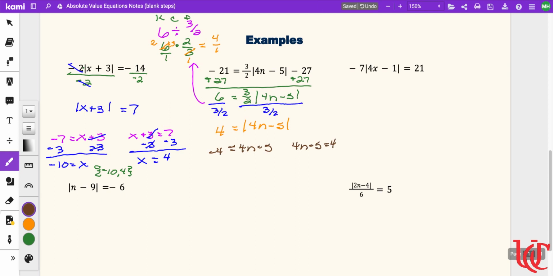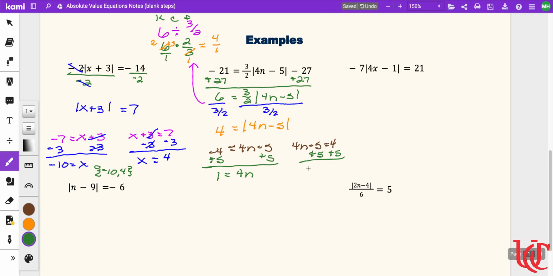Solving each one of these, we will be adding 5 to both sides. I'll do both of them at the same time. So this is negative 4 plus 5. Opposite signs, subtract them. So 5 minus 4 is 1 equals 4n.